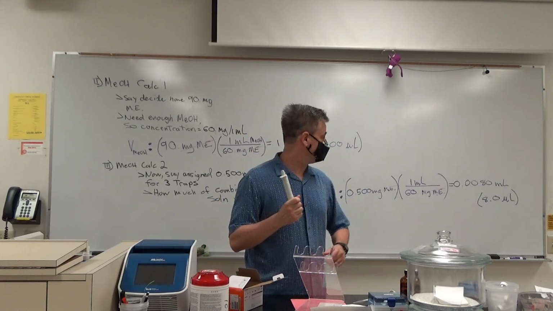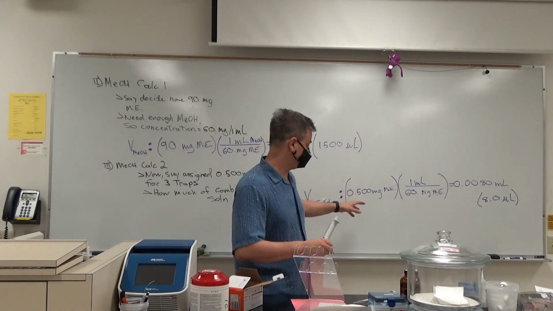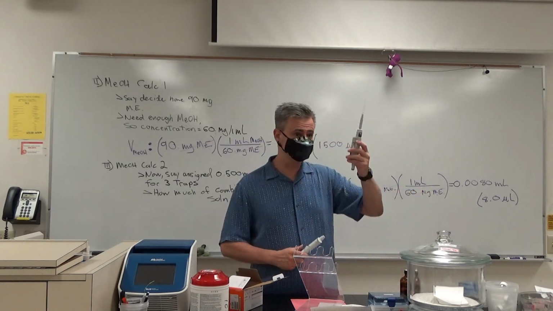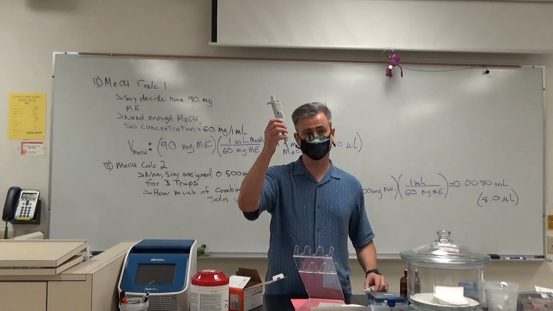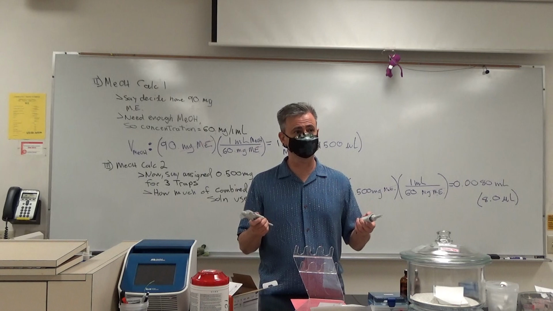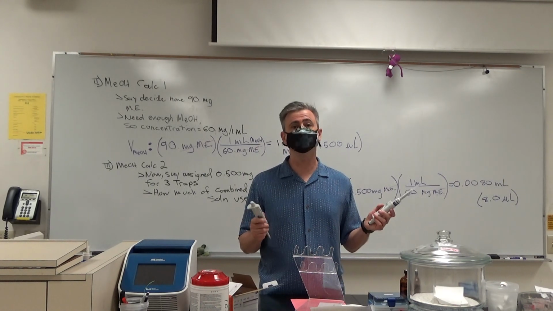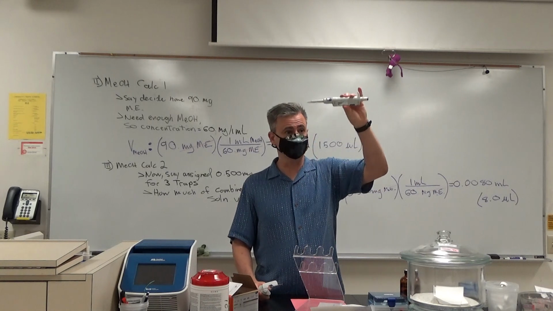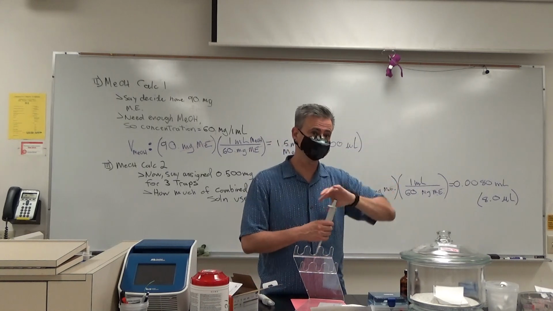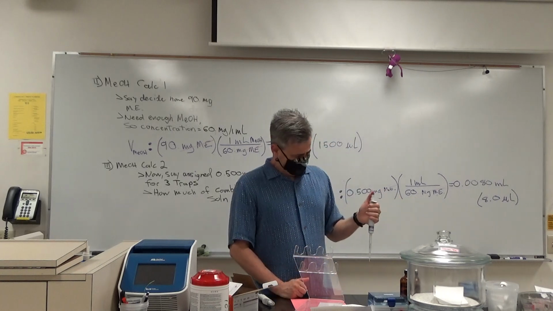So if, like in the calculation we did here, you come up with 8 microliters, don't use this guy, use this guy. If you come up with something above 10 microliters, and it all depends on the dosage that you give, then use the big one again for your solution. Does that make sense?